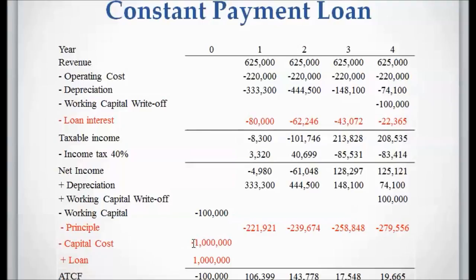So again, you still need to write the capital cost with the negative sign and the loan with the positive sign. If they are equal, they cancel out. But if they are not equal, if the loan that you're getting is lower than the capital cost that you are needing, then they won't cancel out.